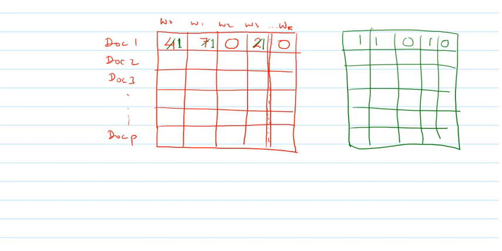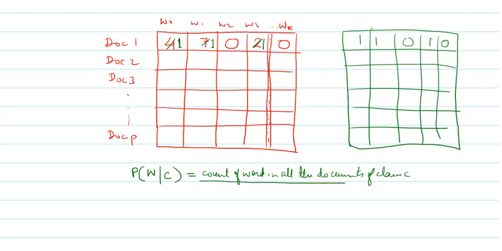right? So we are calculating the probability P of word given a class as the count of the word in all the documents of class C divided by the total number of words.